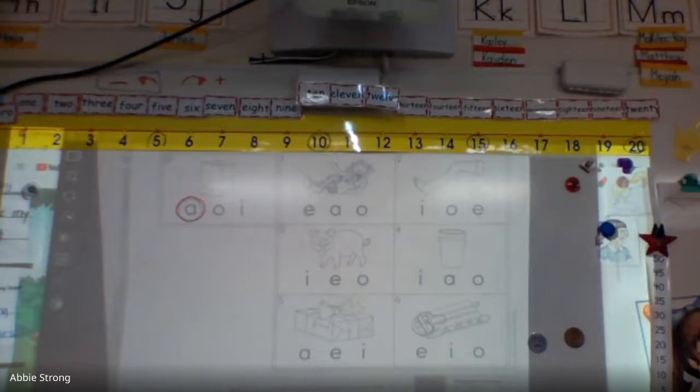You just circle the letter that makes the sound. Then give me a silent signal. The middle sound. If you're at home, you're going to write it. Perfect. Look at number 2.